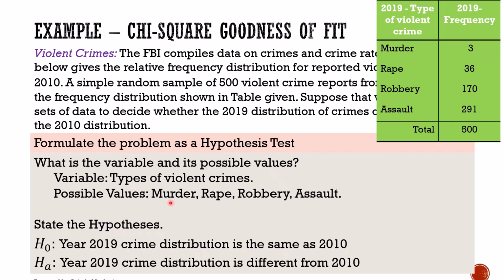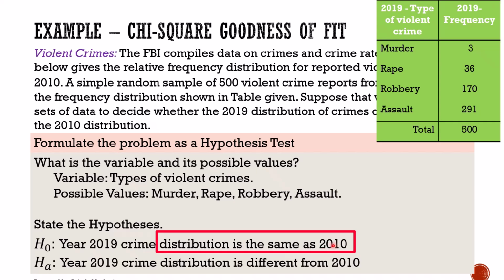All right. Now the next question says state the hypothesis. The null hypothesis, which is the status quo hypothesis, will say that there's no change in the distribution. Today's distribution is the same as that in the past, and you have to, of course, state it in context of the problem. So here we have the null hypothesis as year 2019 crime distribution is the same as that in 2010.